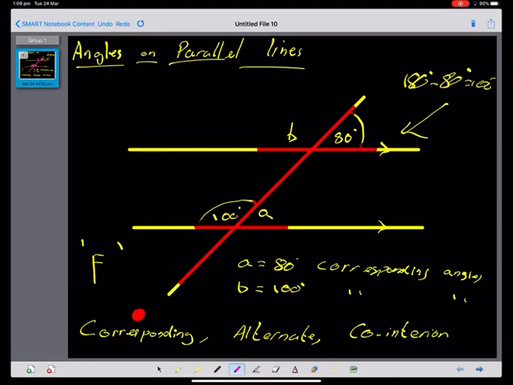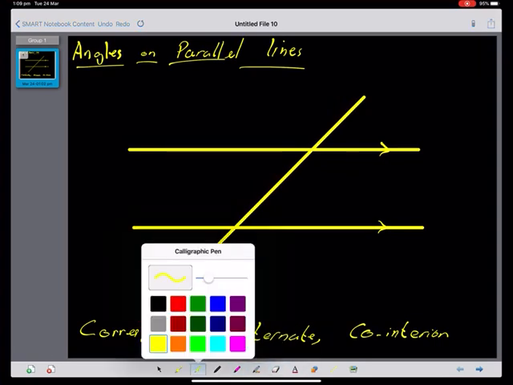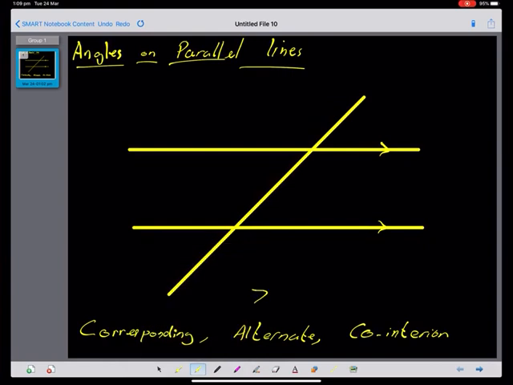Okay. Let's have a look at alternate. In alternate angles, we're looking for the Z shape. I'm going to do that. Z shape.